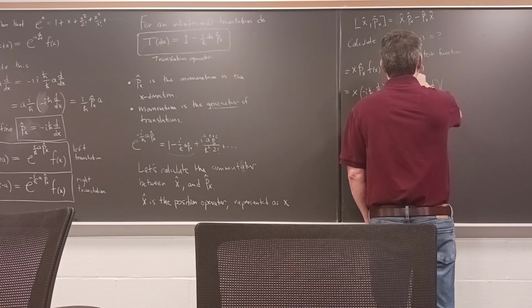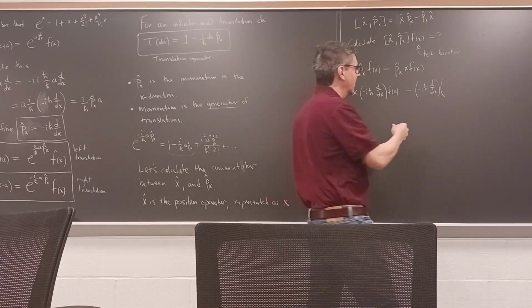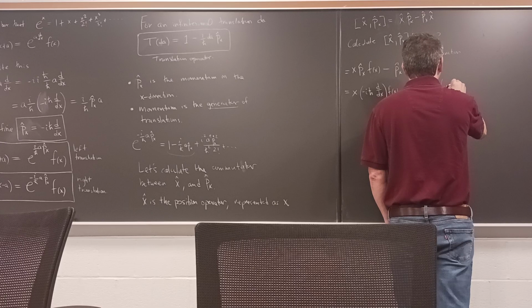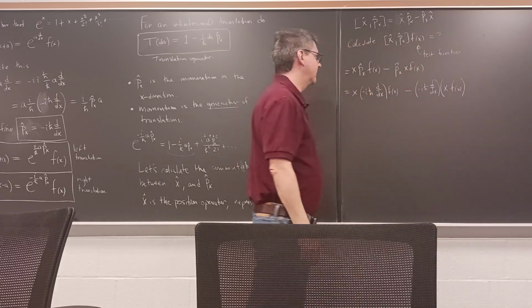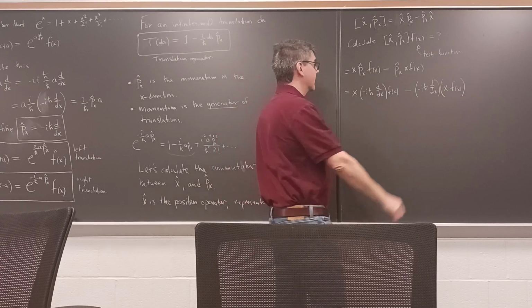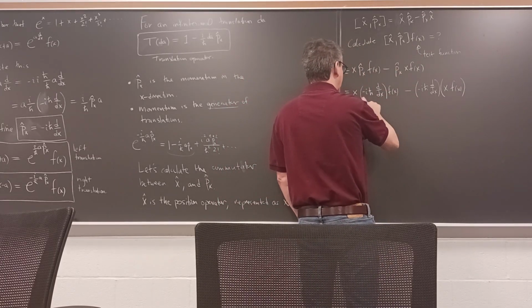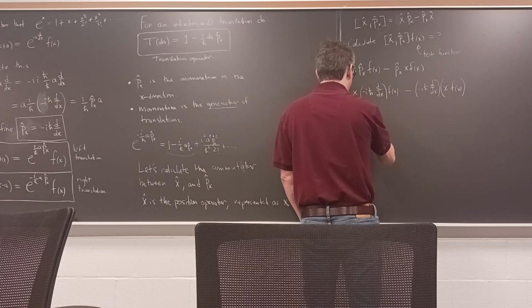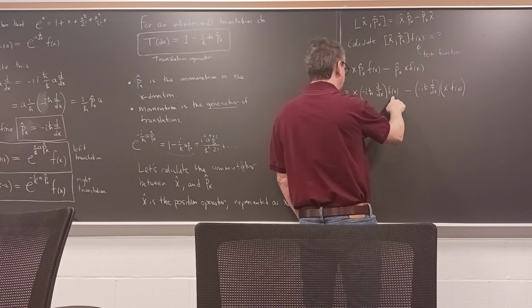And now this is a differential operator. It differentiates everything to the right. So it will operate on both x and f of x. Okay? And this is why you want to use a test function, because this is the way to get the right answer. So now we'll just have minus i h bar. This d by dx differentiates that f.